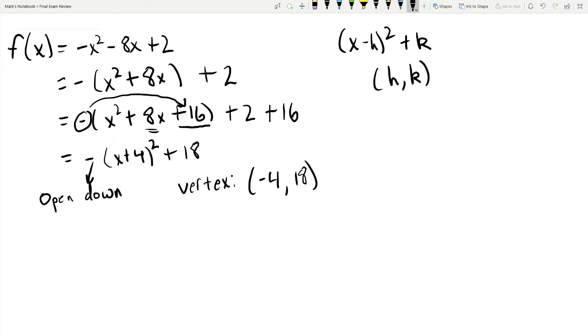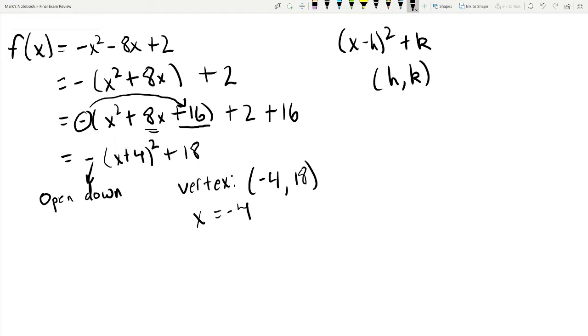Okay? Couple of other things that we would be able to tell from this. Since our vertex is at the point negative 4 comma 18, we're going to have an axis of symmetry at x equals negative 4, and I'll kind of draw that in when I draw the parabola too, so you guys can see exactly what that means.